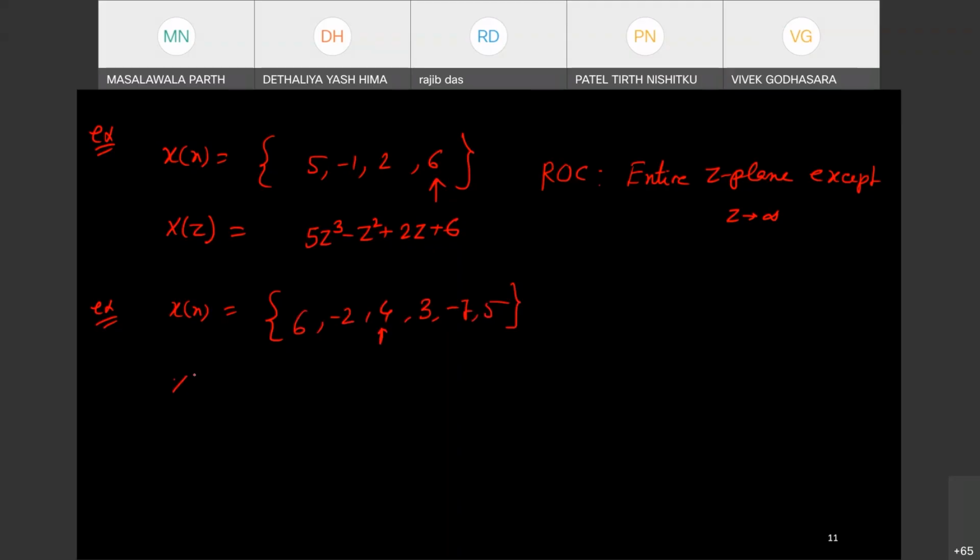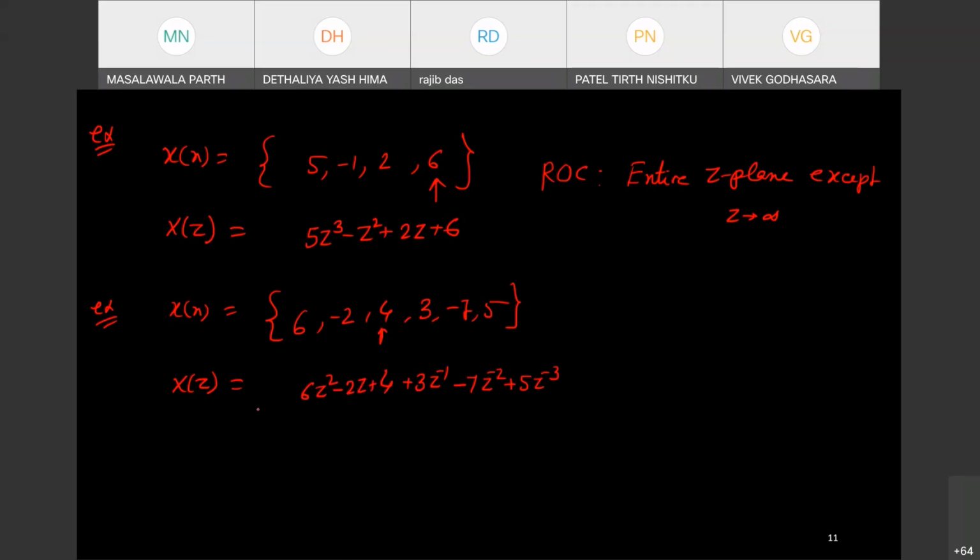And X of z is simply this: 4, the right side will be 3 due to z to the -1, -7 due to z to the -2, +5 due to z to the -3, and this side is -2z, this is your 6 z square. Okay?